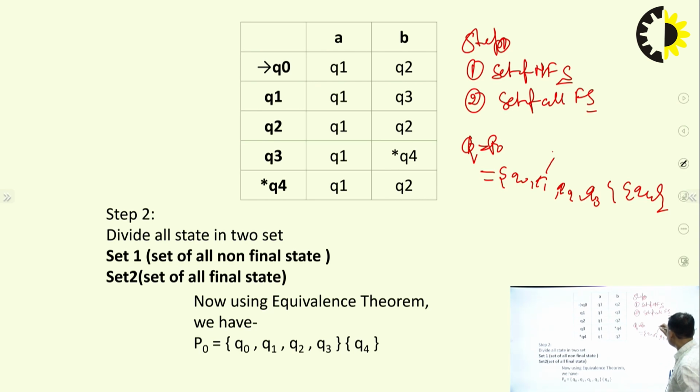The first is the set of non-final states, and Q4 is a final state.